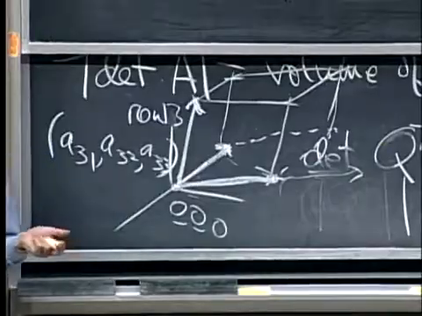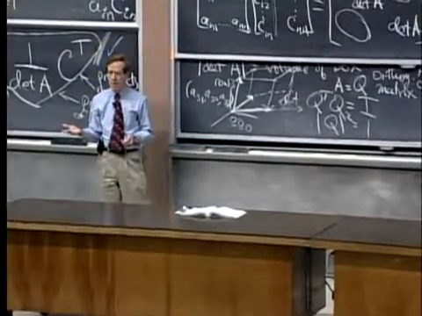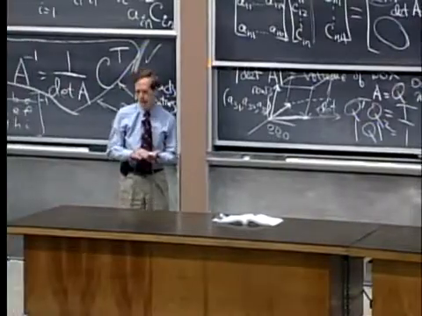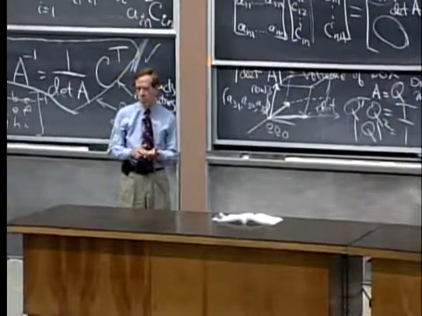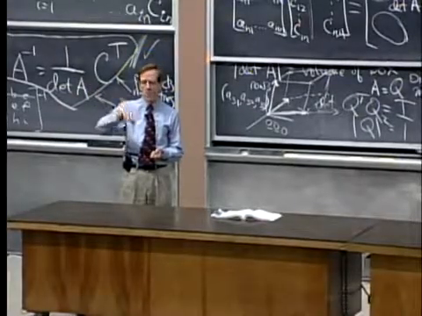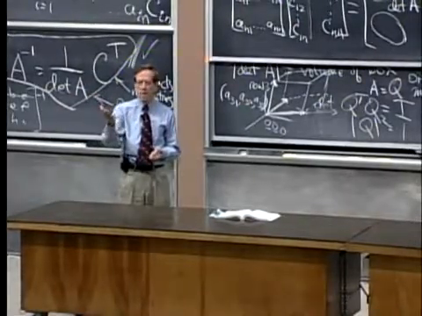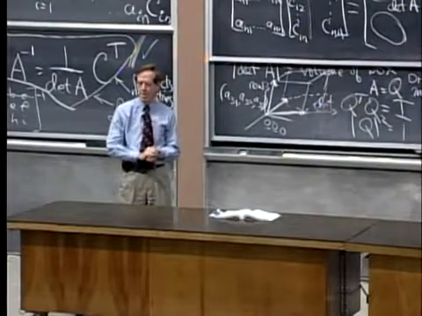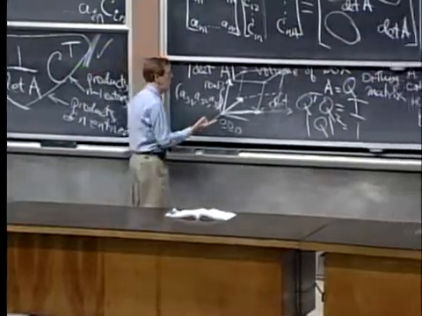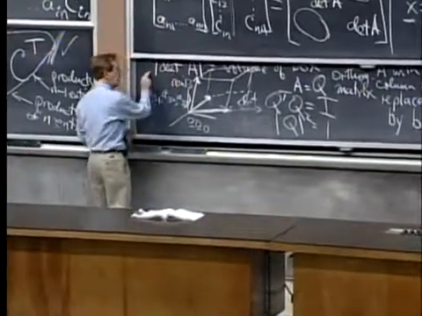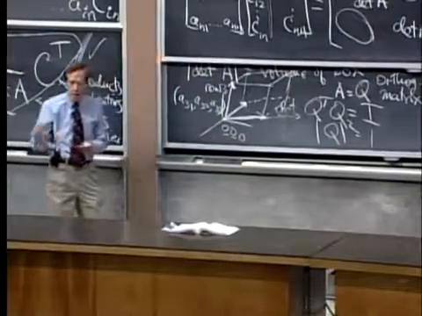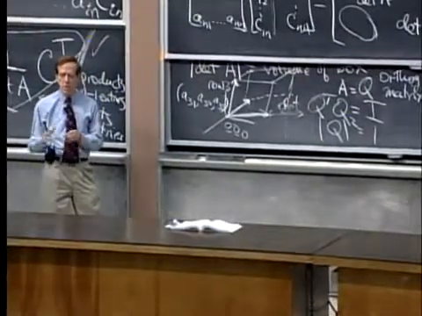It also doubles, right? And that was rule number 3a. Remember, rule 3a was that if I had a factor t in row 1, I could factor it out. So if I have a factor 2 in that row 1, I can factor it out of the determinant. It agrees with the volume of the box having that factor 2.